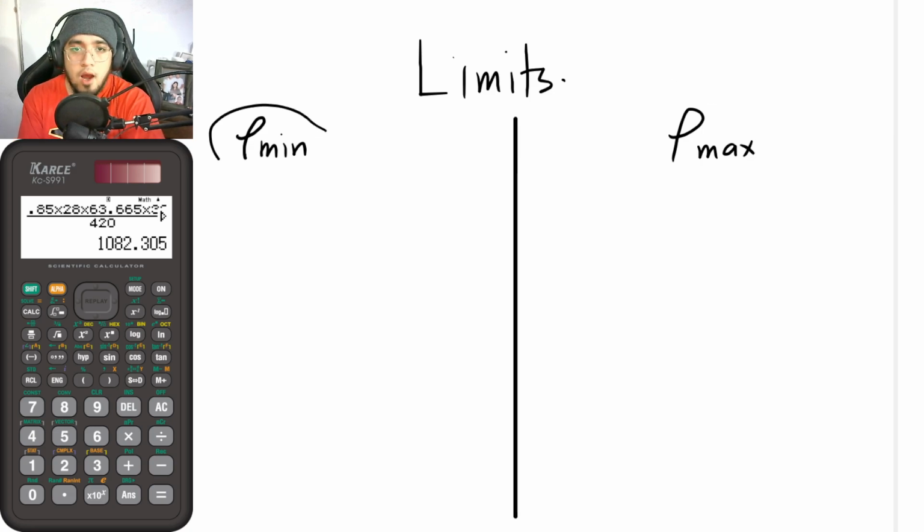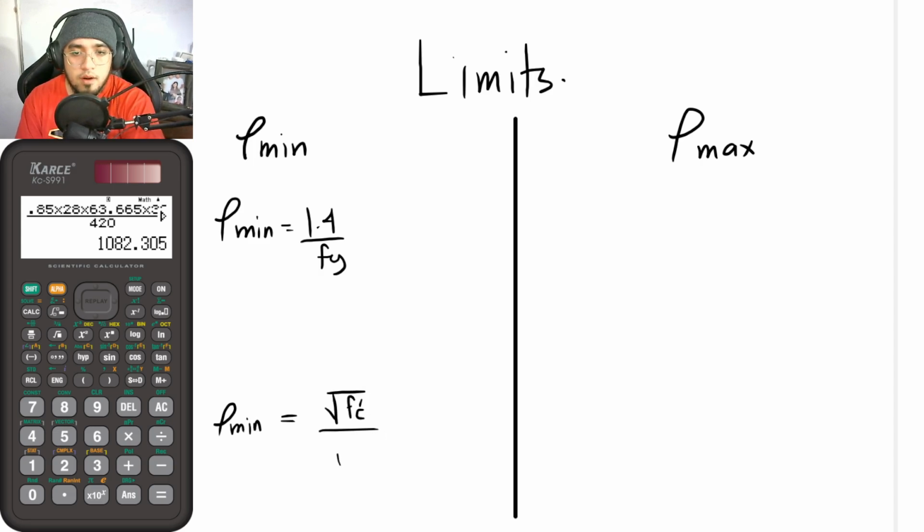Okay, so for our rho min, according to NSCP, rho min is equal to 1.4 over Fy, and rho min is also equal to square root of F prime C over 4 Fy, whichever is larger. Okay, so just because minimum is included here doesn't mean that we will be making use of the minimum value between the two.